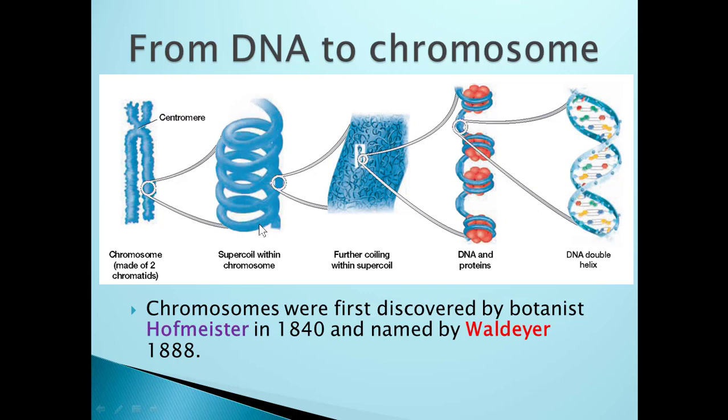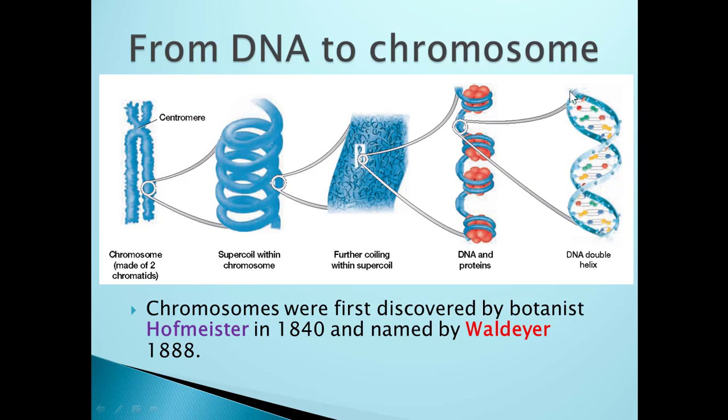Then supercoil within the chromosome, it is like a spiral. Of course, being a spiral makes it easy to condense and store huge information about the organism. Then further coiling within the supercoil, if you enlarge, you will see how DNA and proteins are cooperating.